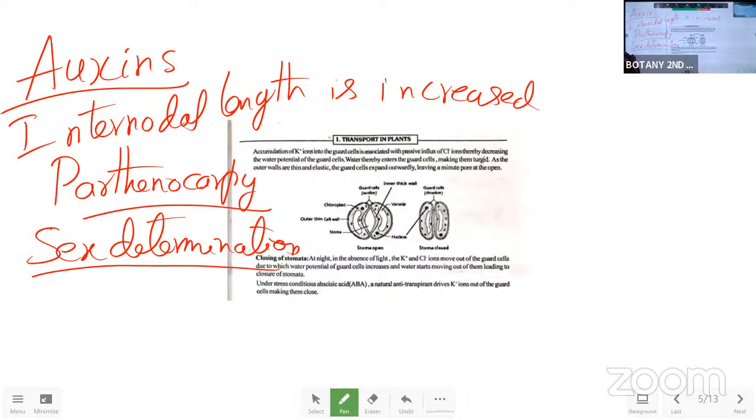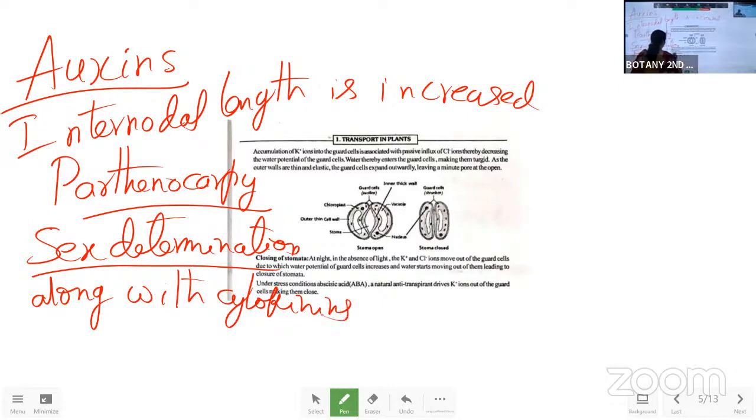So along with cytokinins, auxins will increase the root and the shoot promotion of the tissues in the tissue culture lab. So that is the one we have to say.